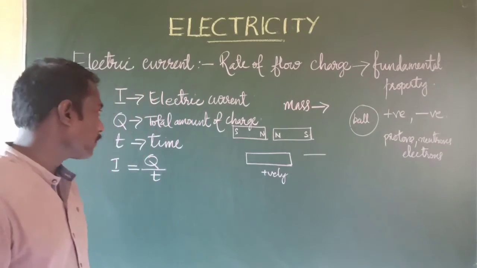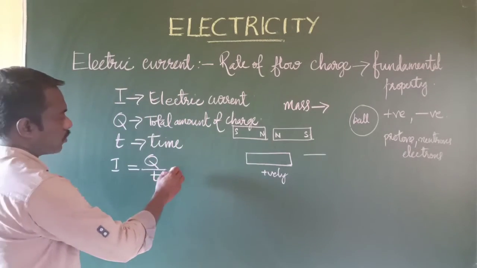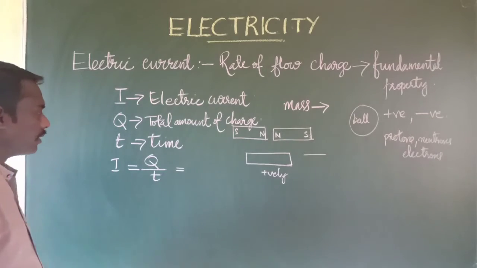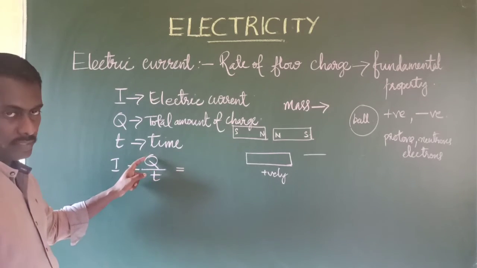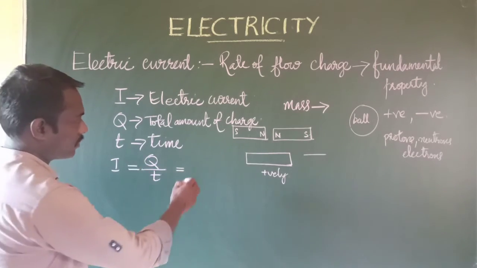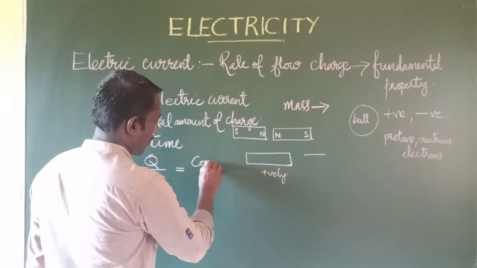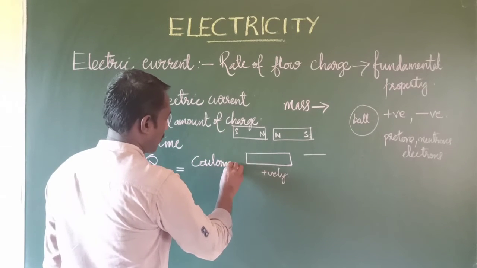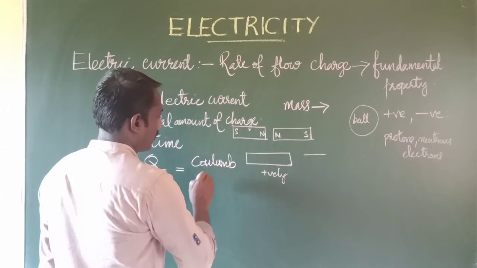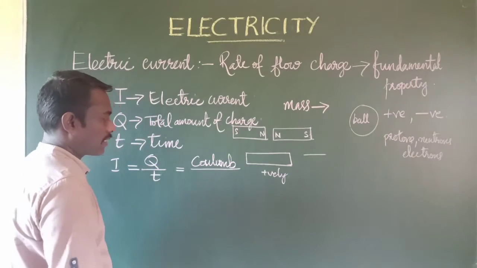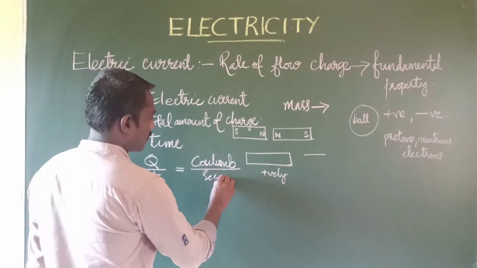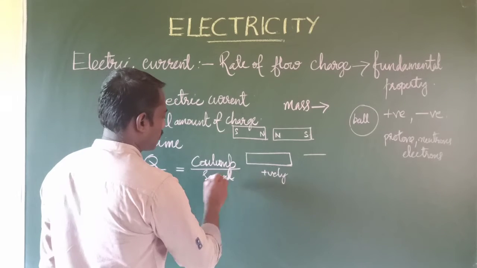The SI unit of electric current. As we know, the SI unit of charge Q is coulomb, and the SI unit of time is second.